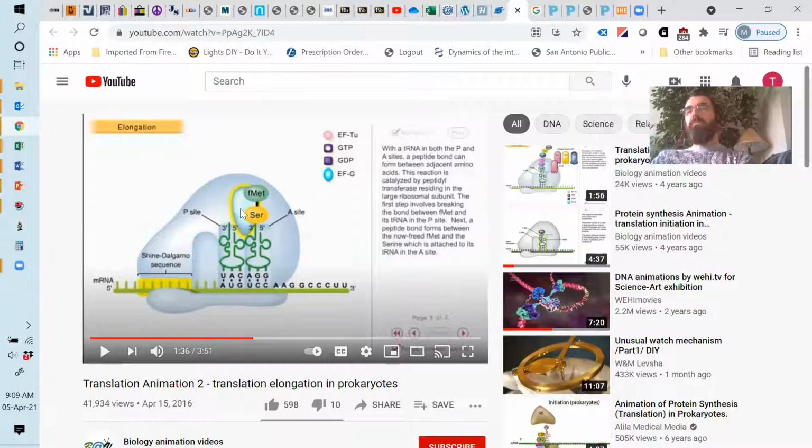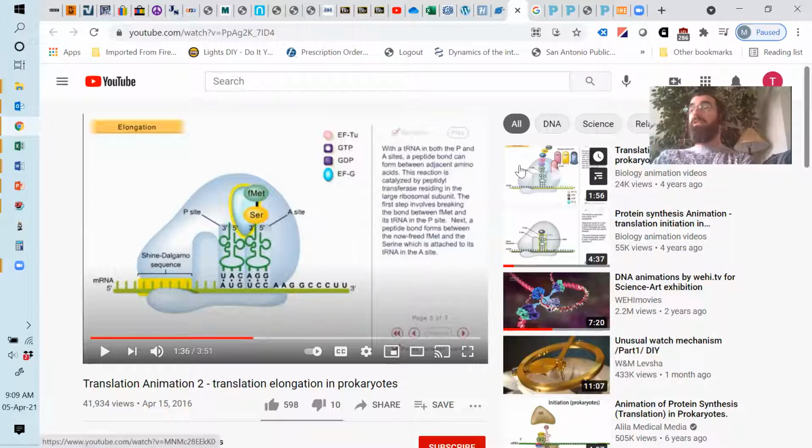So essentially what happens first is that amino acid gets cut off, and this is going to repeat over and over and over again. And then it's held, right, by the peptidyl transferase actually in the large subunit, and then we have the peptide bond formation between the carboxyl end of the methionine and the amine end of the serine, right?